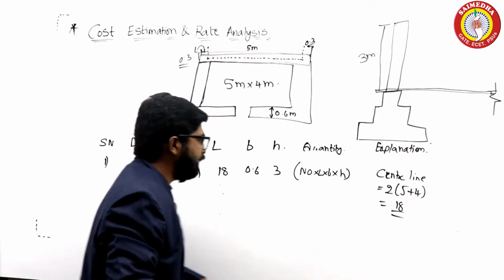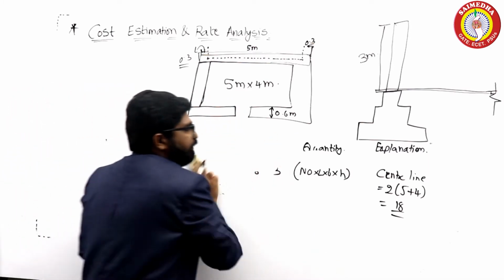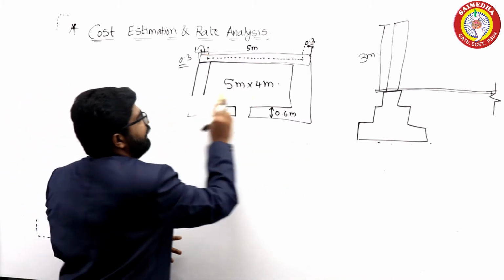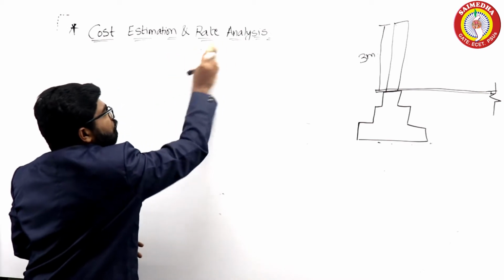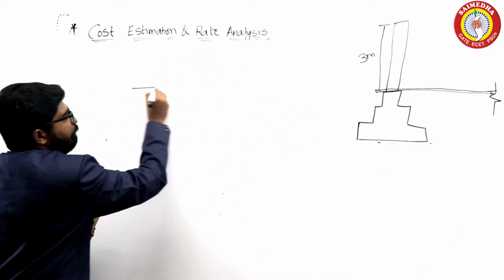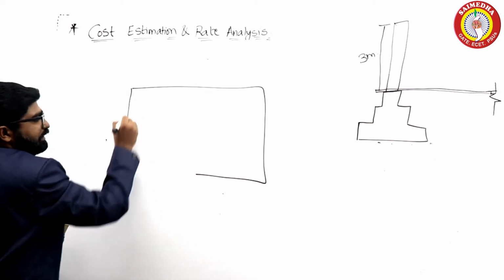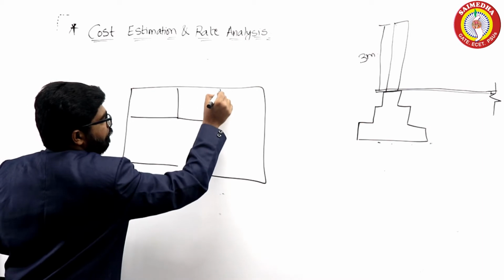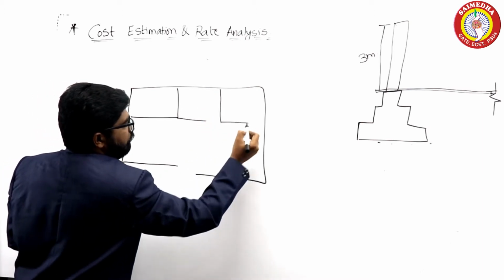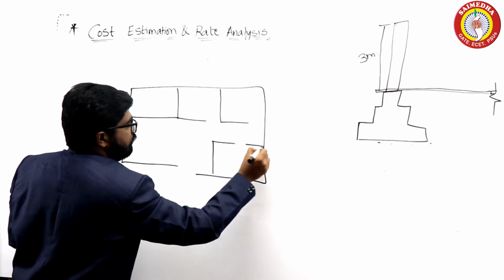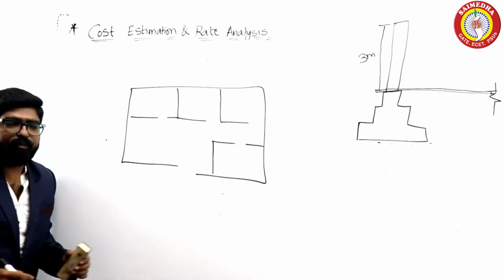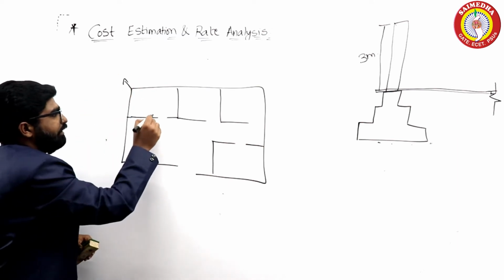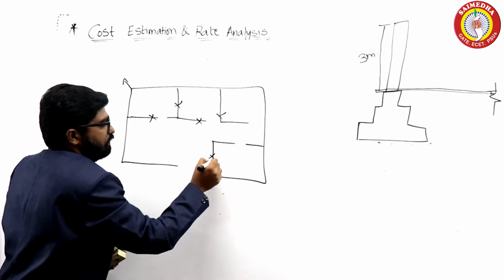So that's why most people will try to use a combination of the centerline method and the long wall short wall method. Suppose I am calculating a building size, so what are the volumes required in the building? A building plan might be like this. I am just drawing a rough sketch of a building. In this sketch, the outer walls have different thickness and the inner walls have different thickness, right?